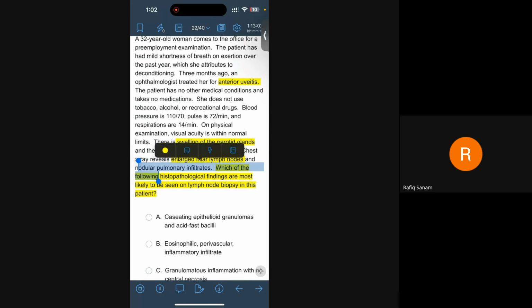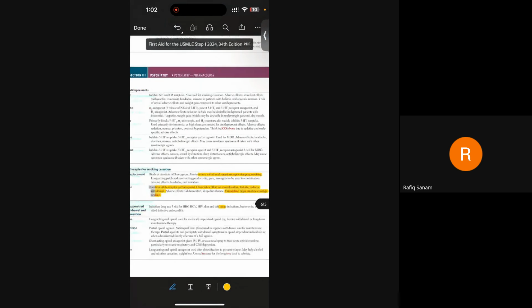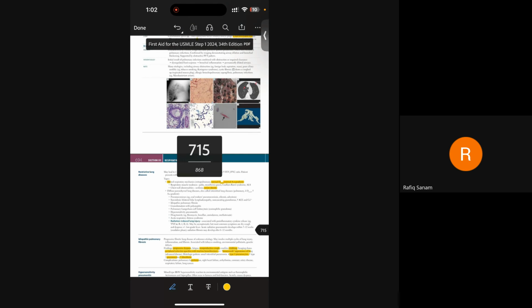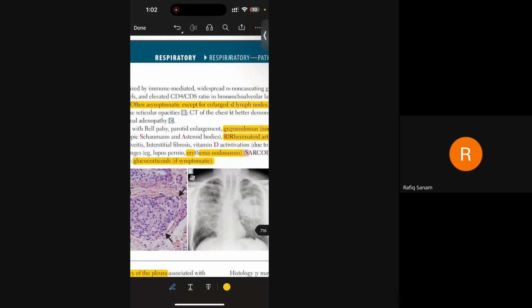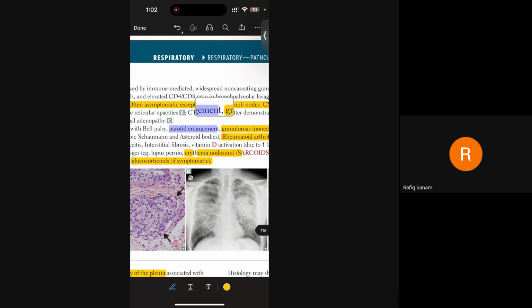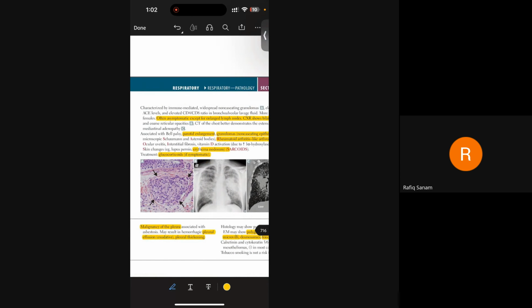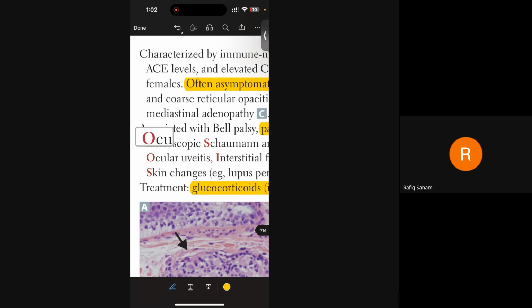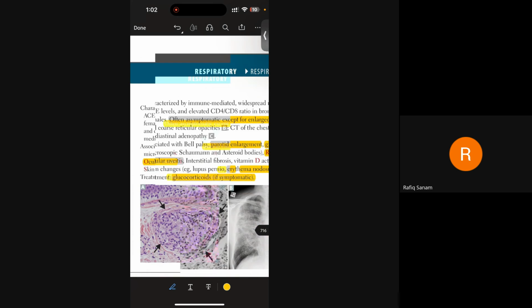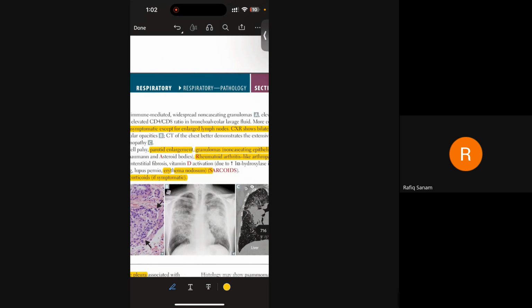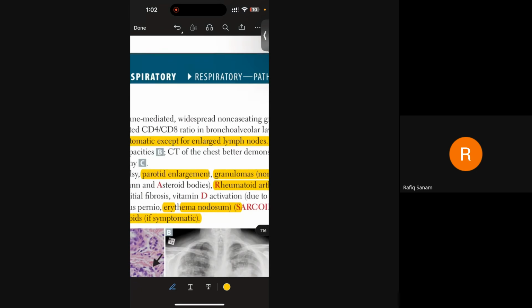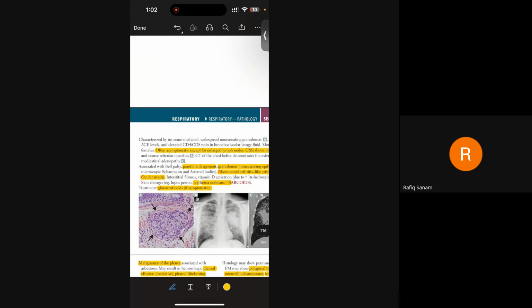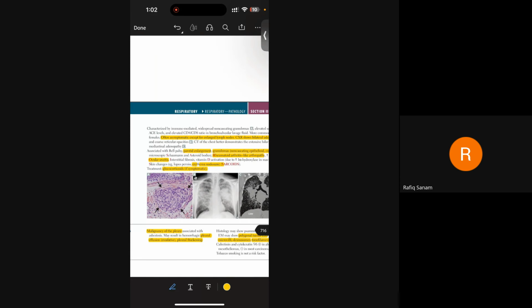Yes, and all of these can be explained by what disease? Sarcoidosis. Sarcoidosis: parotid enlargement, ocular uveitis, granulomas, erythema nodosum, enlarged lymph nodes, bilateral hilar adenopathy.